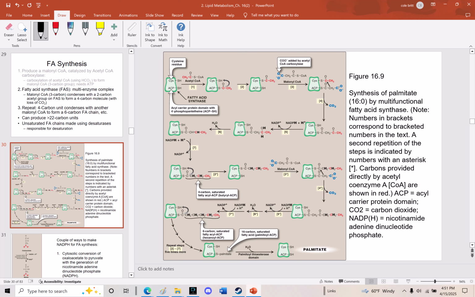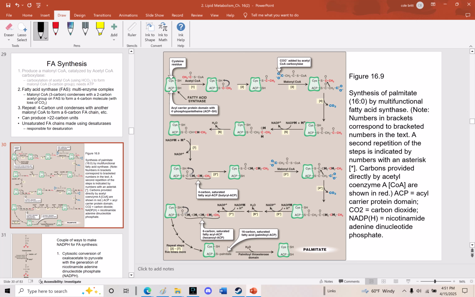So there is a second way, and that's showing you here. Your body can actually take oxaloacetate. Oxaloacetate can't leave the mitochondria, so first it has to be converted to malate, and then it's going to be converted to pyruvate. And here's where we make NADPH.